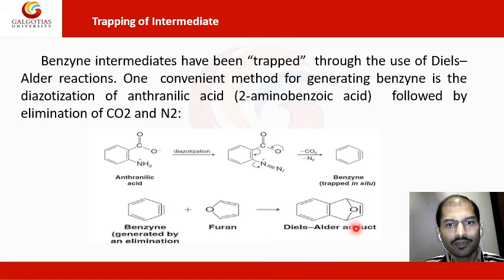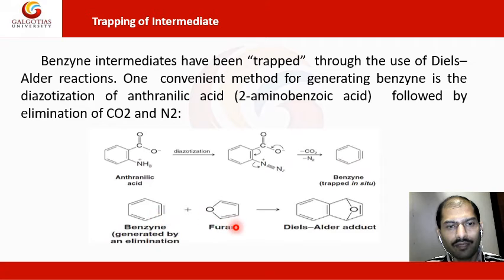Once you see here, the reaction between furan and benzyne, which is generated by an elimination reaction, is in situ in the same process. You can continue this reaction after the formation of this intermediate.